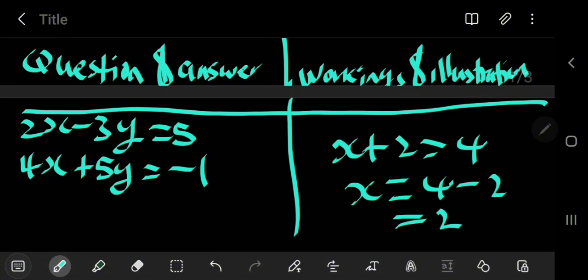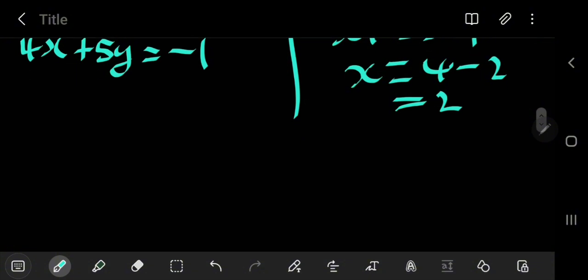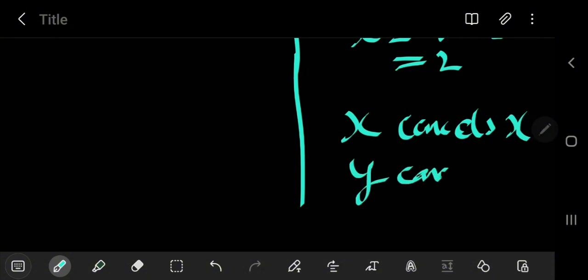So to level the playing ground, we want either x to cancel itself out or y to cancel itself out. Now, from the law of cancelling things out, we know that x cancels x, y cancels y.